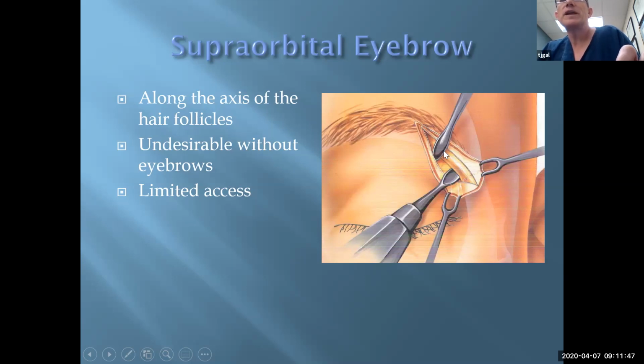Okay, but for these where you just need a plate and you just can't get it right, or this is not stable with an infraorbital or a transoral incision and your orbital incision, you just need something else to get 3-point fixation, you make an incision, and it just runs just below the brow. Try to put it along the axis of the hair follicles.